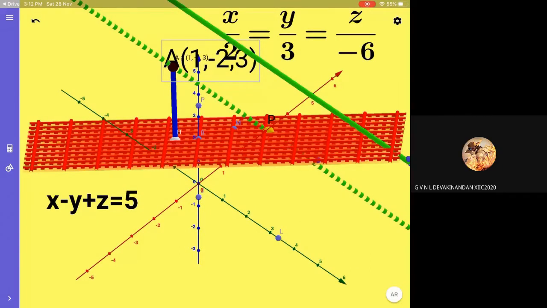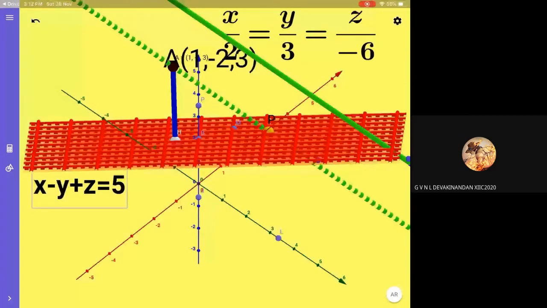Now, how to find it is, as I have told you in the earlier class, whenever you visualize this 3D geometry distance, if you see a line, you always have to start with a line. And starting with a line means always taking a variable point on the line.